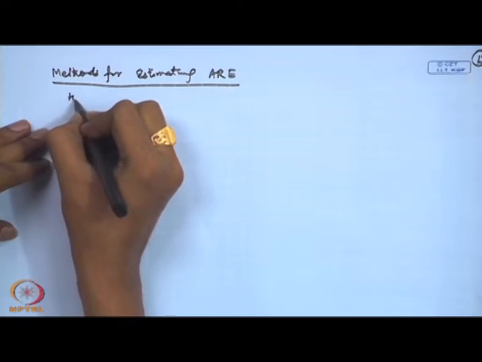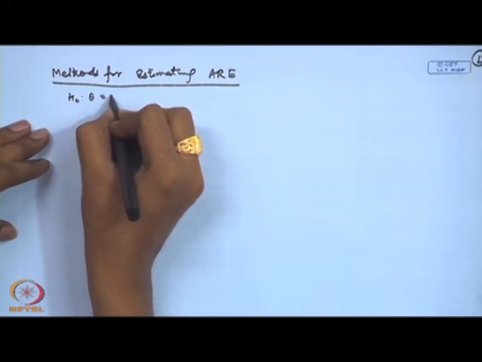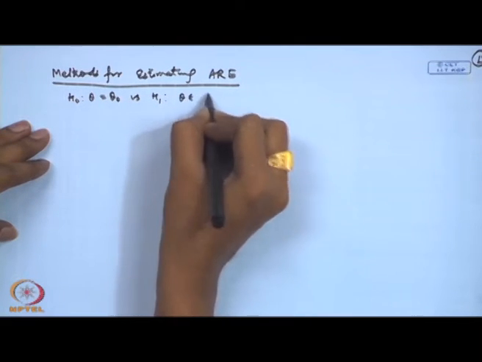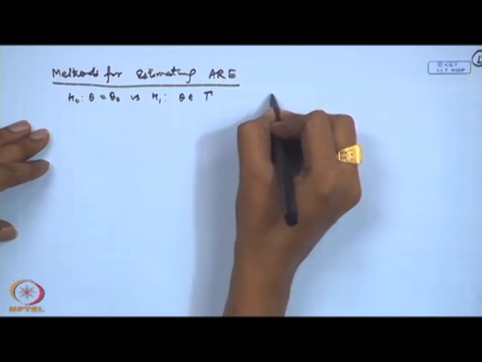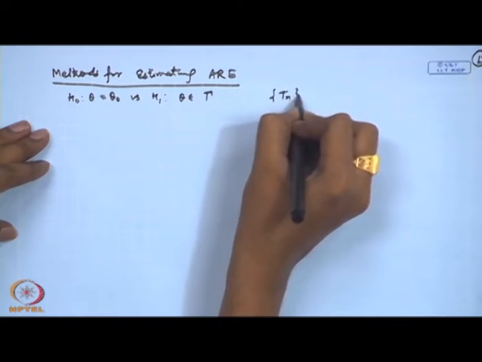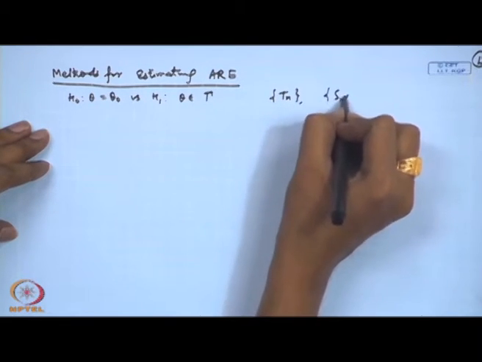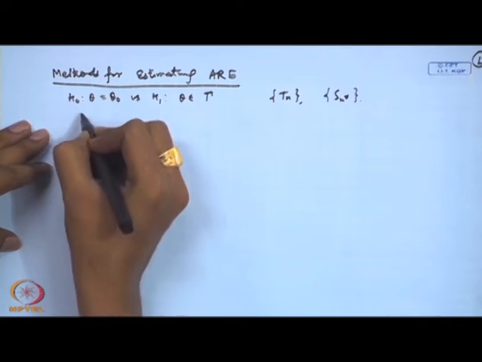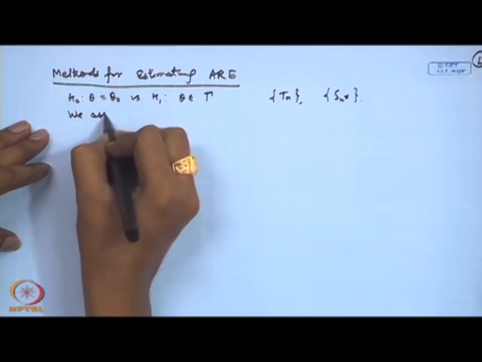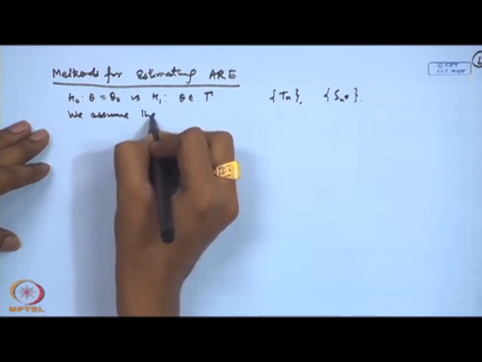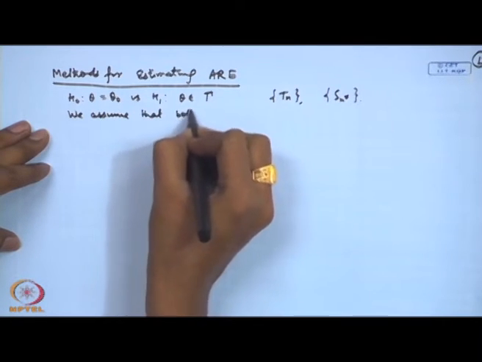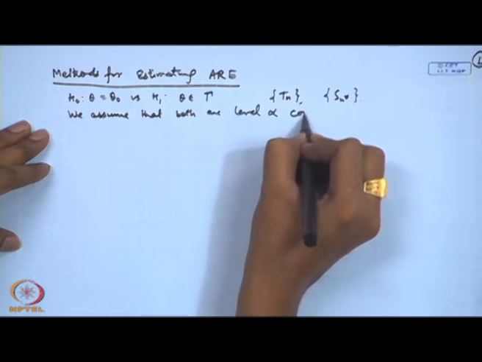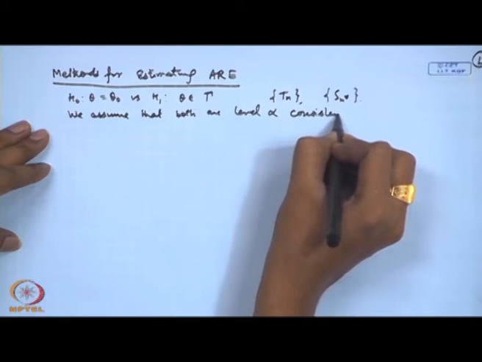So, we have the hypothesis testing problem, theta is equal to theta naught against H1, theta belongs to some gamma, and we have Tn as a test sequence and Sn star as another test sequence, and we assume that both are level alpha consistent tests.